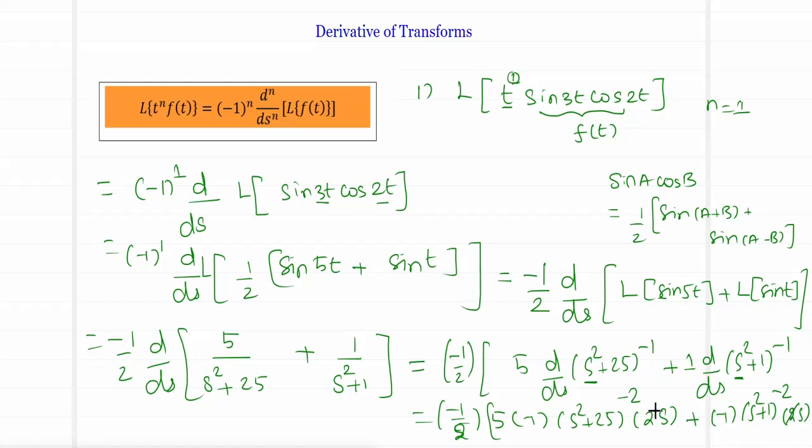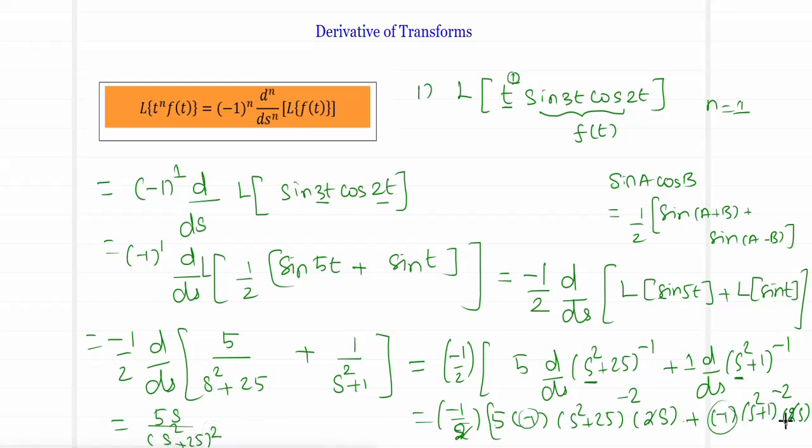This 2 over here can be cancelled off with this 2 in the denominator. This minus sign and minus sign can be cancelled off with this minus sign. Hence, the final answer will be equal to 5 times s, this minus 2 will come to the denominator, as (s squared plus 25) the whole power 2.